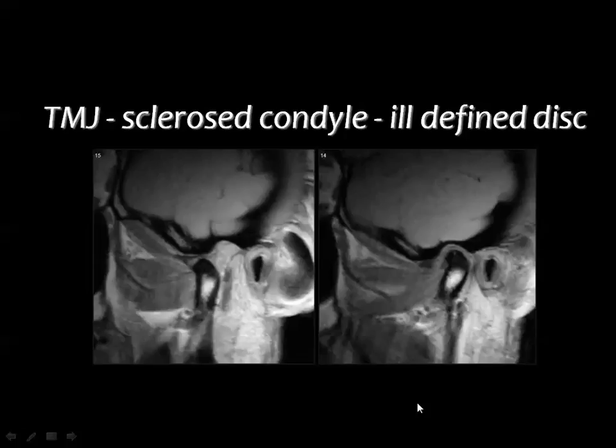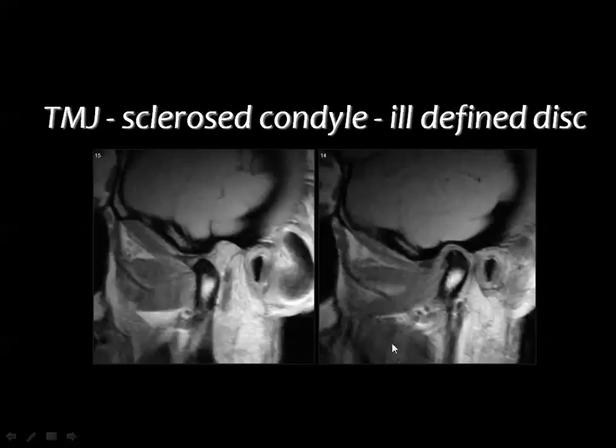Then this is a sclerotic appearance of the mandibular condyle, and the articular disc is degenerated. You can see the abnormal signal of the disc itself, which is increased. The normal disc will appear black in all pulse sequences, and you cannot easily identify the posterior band of the disc.